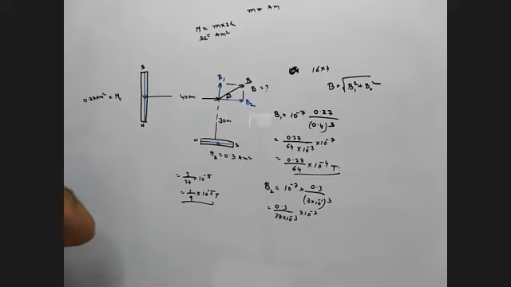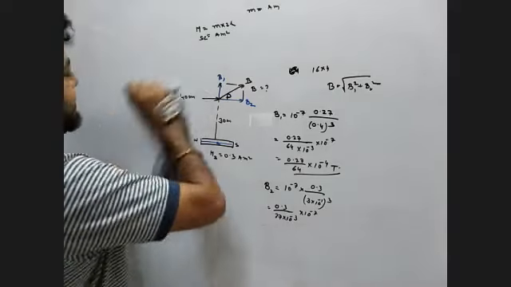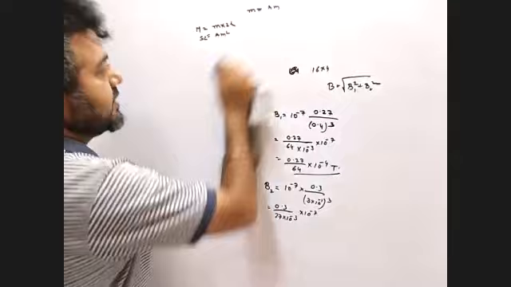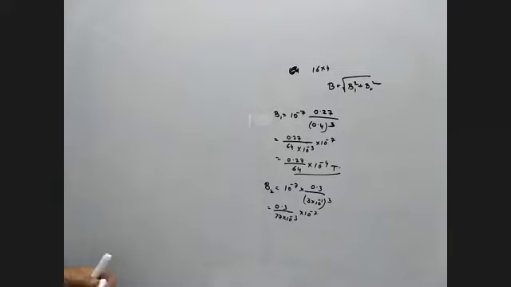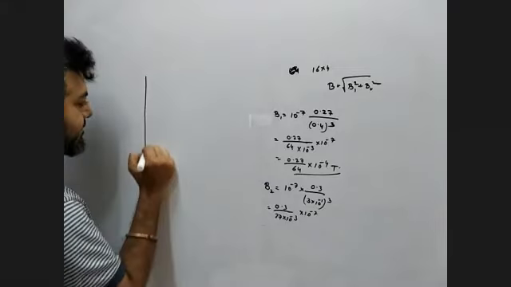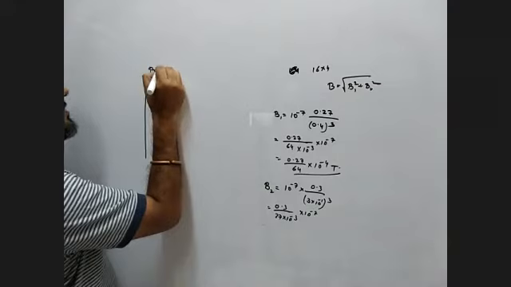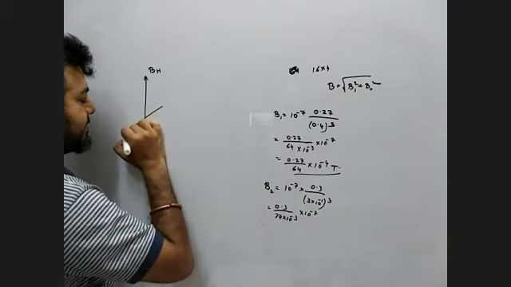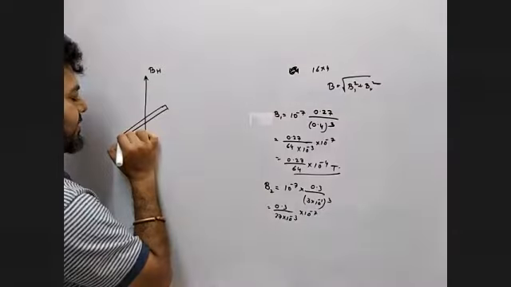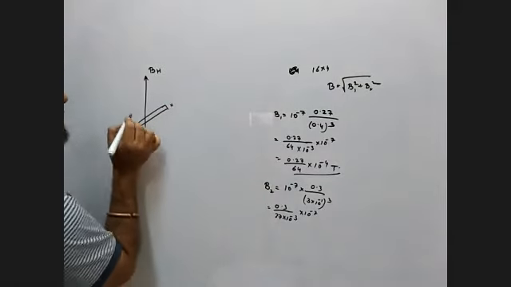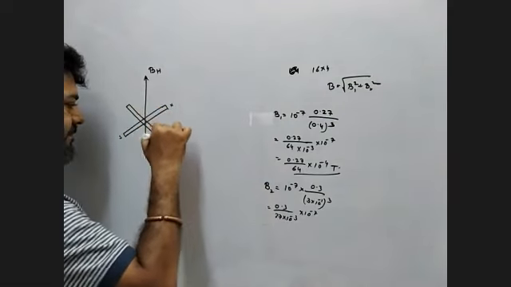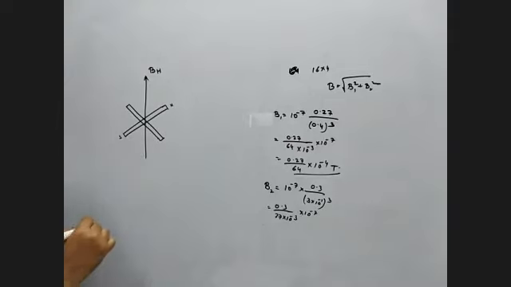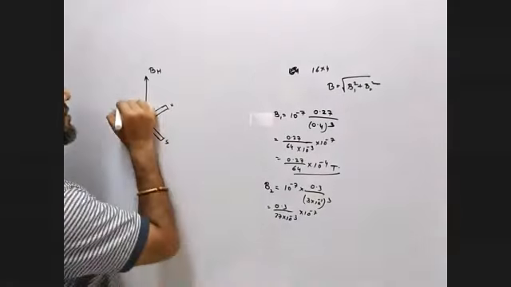Okay. So the next one is: suppose you have a magnetic field BH and you have two bar magnets, south to north, and you have one more bar magnet, south to north.